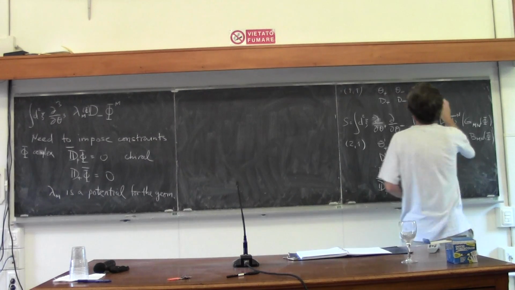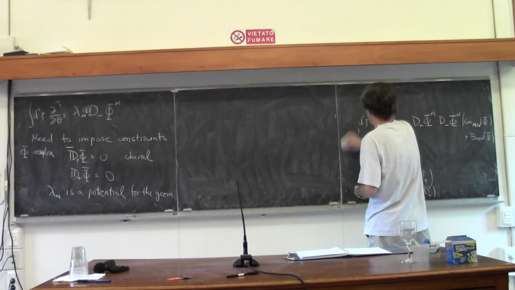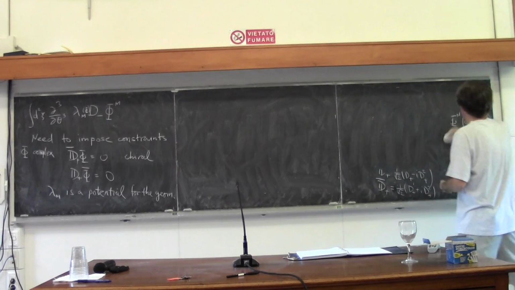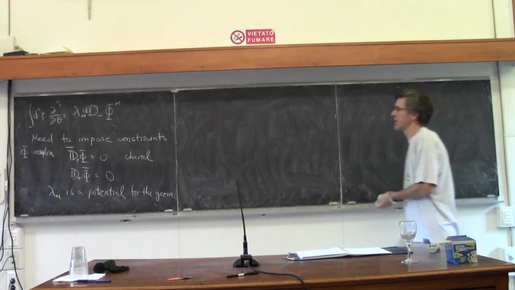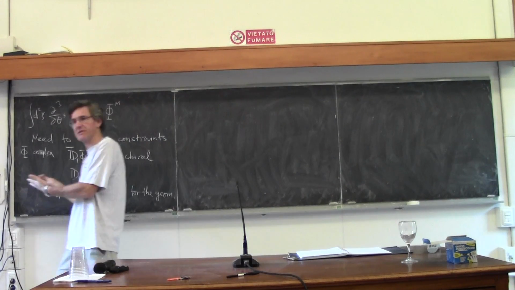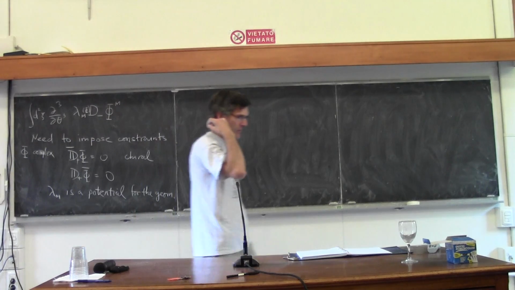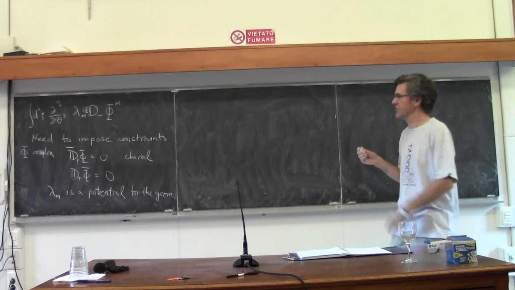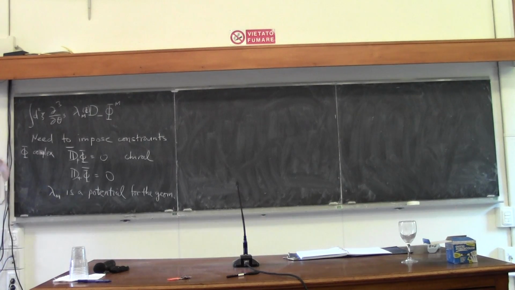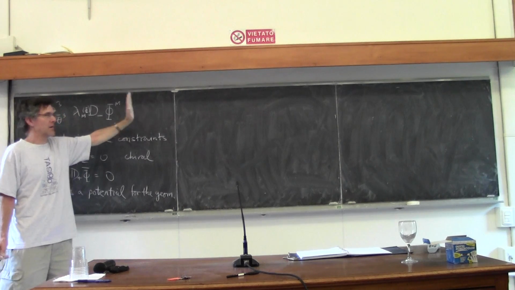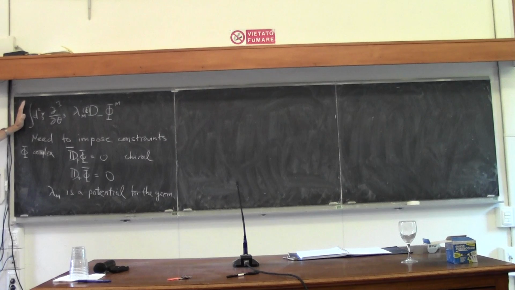Right. Okay, so now let me get to today's topic. This was yesterday, and let me talk about an application of this. A place where you can use this formalism to find interesting new results. So, the point is that if I write things in this way, I automatically keep the supersymmetry.